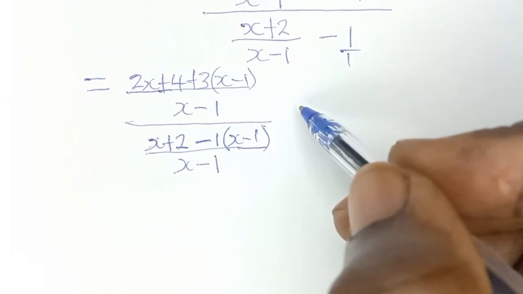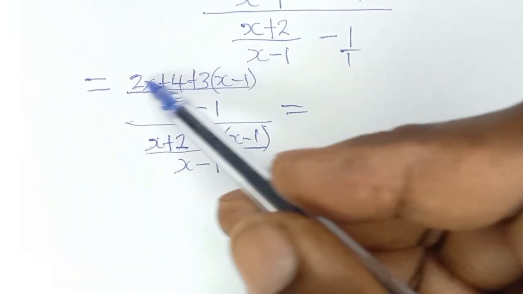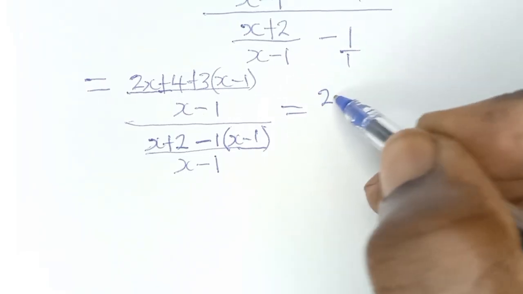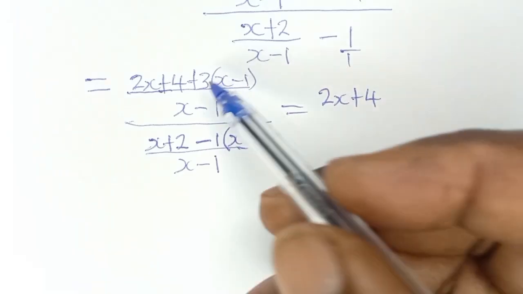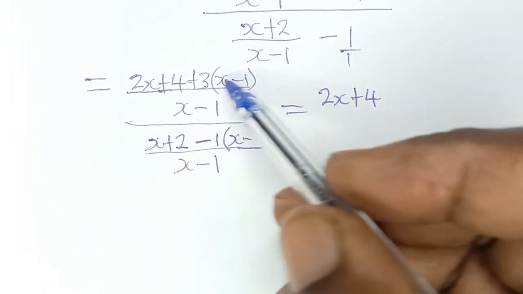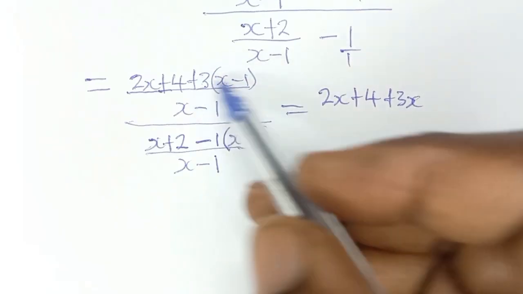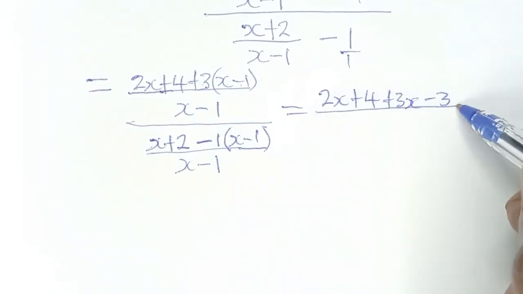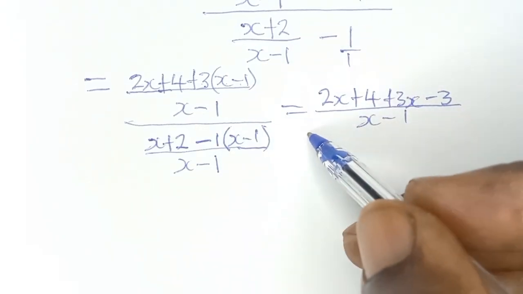So now, let me simplify further. Using this numerator here, let me expand. If I expand that, I have 2x + 4. Then I'm using this 3 to expand this now. 3 multiplied by that will give us plus 3x. And then 3 multiplied by negative 1 will be negative 3. Then all over the x − 1, which is the denominator.